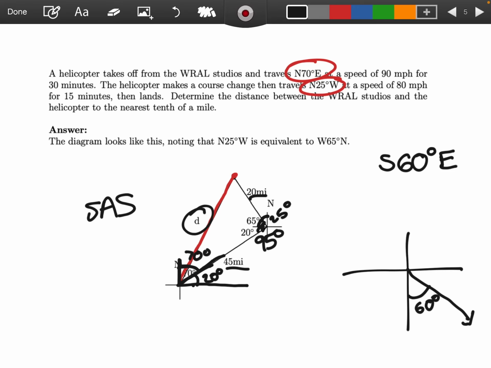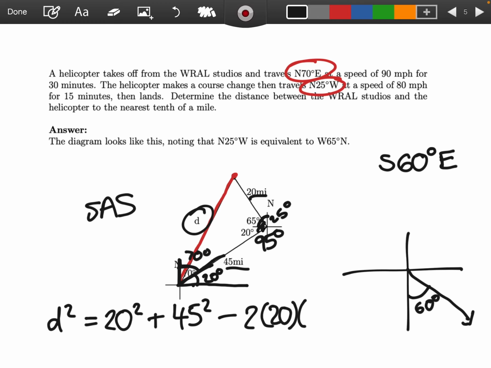So to find this distance here, I'll call it d squared, is going to equal each of the other sides squared minus 2 times each of the sides, which is going to give me 2 times 20 times 45, multiplied by cosine of this angle that is between them, which is 95 degrees.